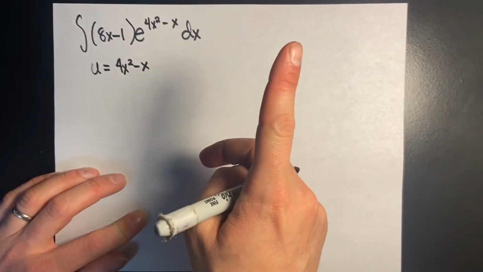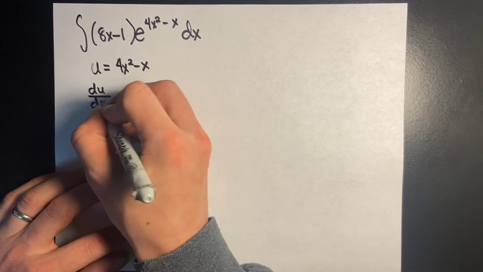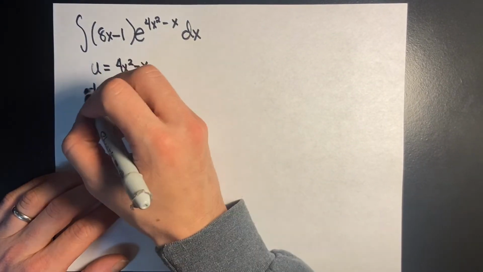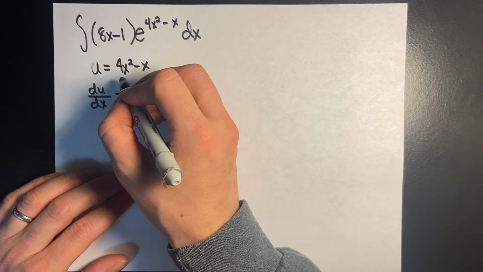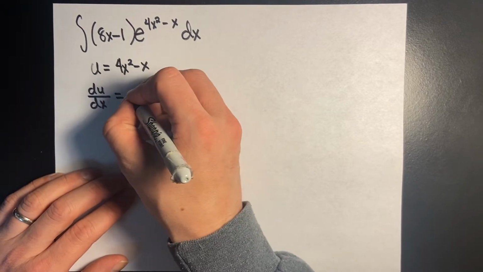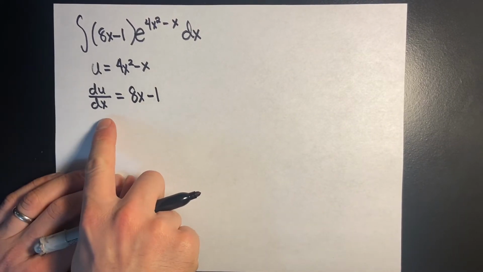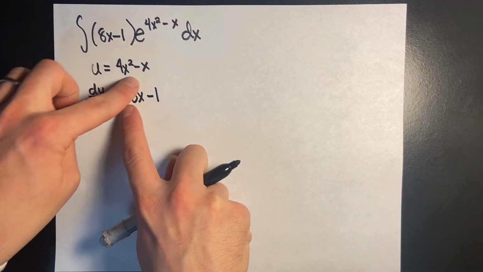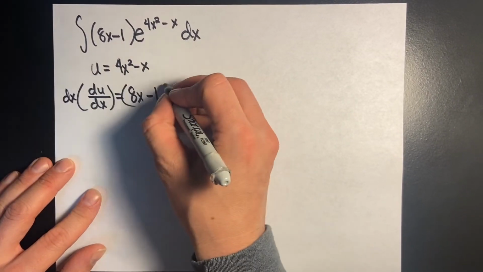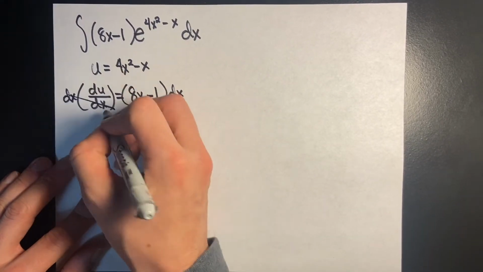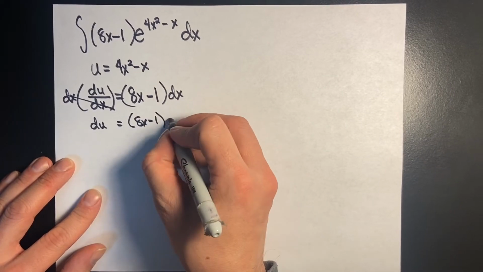I take the derivative, and in this case, it's going to look like this, du dx. This is step 2. Take the du dx, which means take the derivative of u with respect to x, and that's going to look like 8x minus 1. I take this and solve it for dx, which is a swap. So I'm going to multiply both sides by dx, so that looks like du equals 8x minus 1 dx.